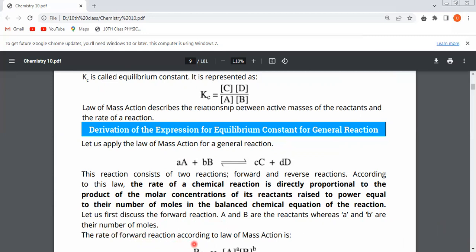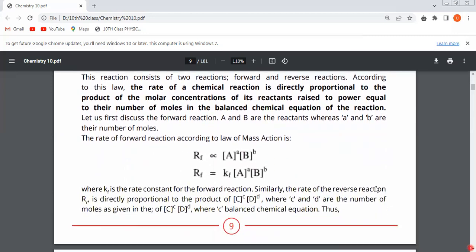The rate of forward reaction according to the law of mass action is proportional to [A]^a [B]^b, so RF is equal to KF [A]^a [B]^b, where KF is the rate constant for the forward reaction.